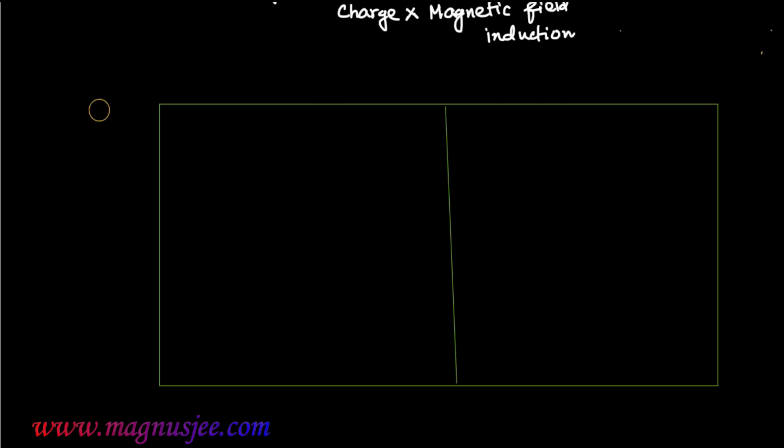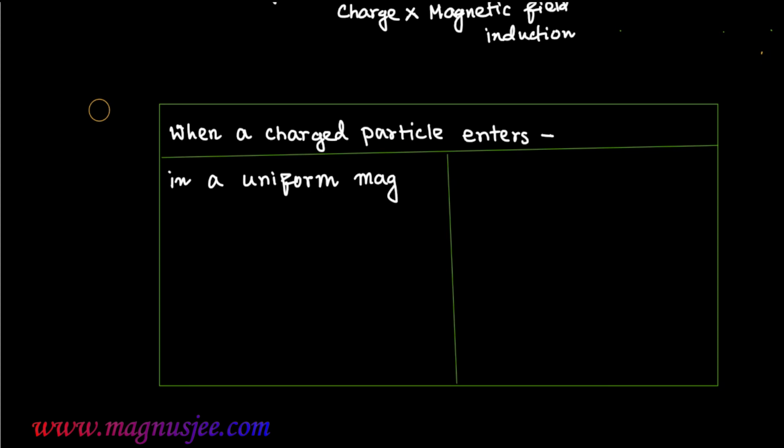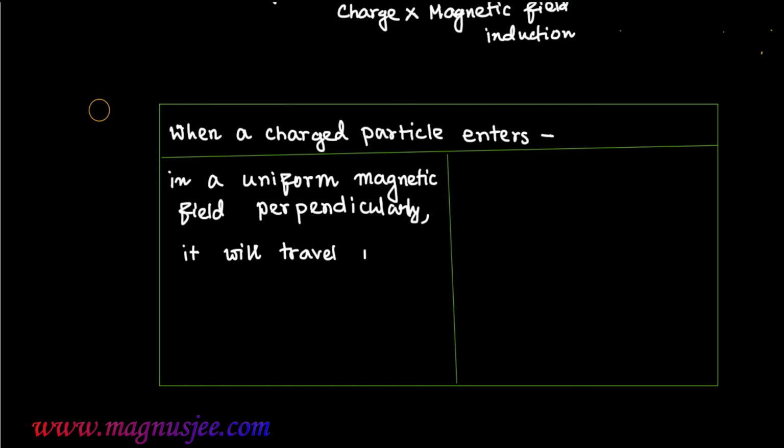And if we compare this with the motion of the charged particle in a uniform electric field, then we can write: when a charged particle enters a uniform magnetic field perpendicularly, it will travel in a circular orbit.